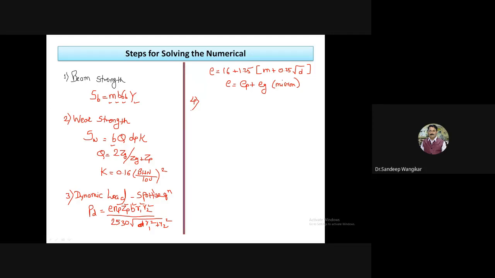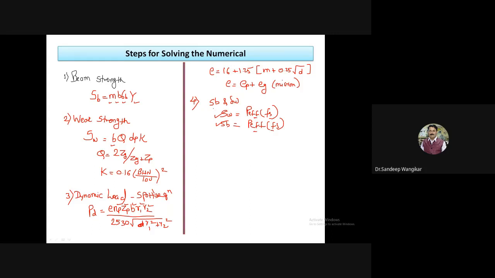Now we have calculated ESB and ESW, both the cases. Let us compare ESB and ESW, and whichever is weaker, I will take as the criterion. I can write here ESW is equal to P effective into FS, or ESB is equal to P effective into FS. We have calculated ESW, we have calculated ESB, FS is with us, so I can calculate P effective.